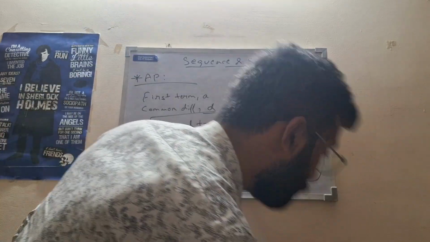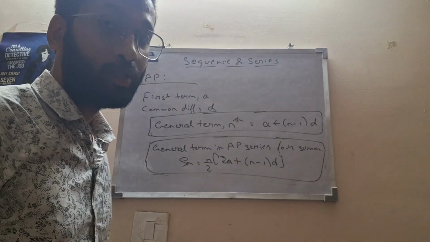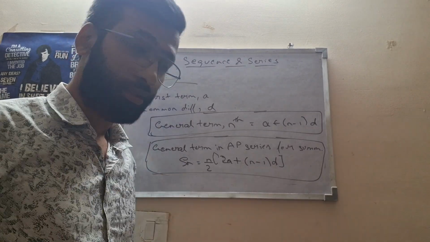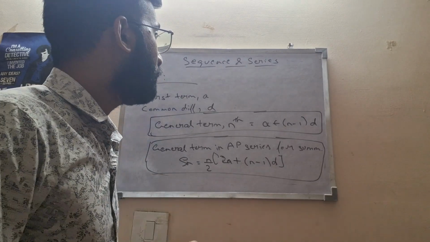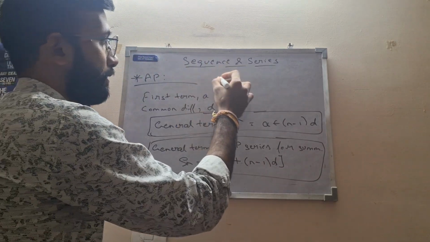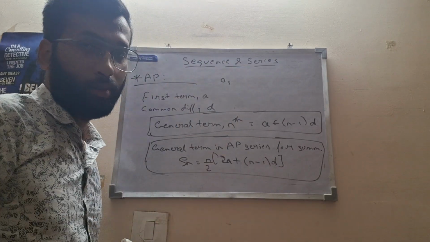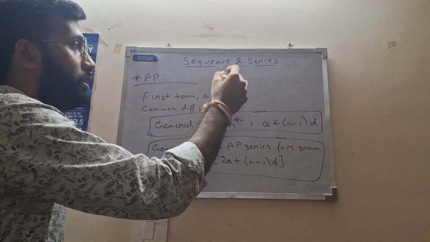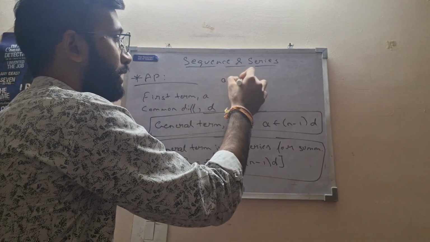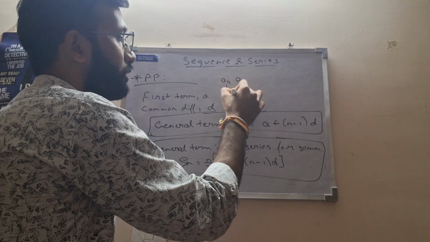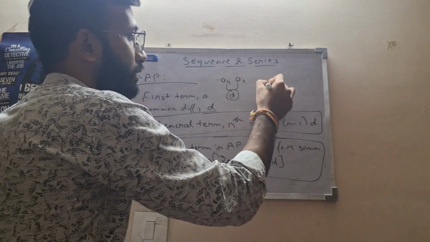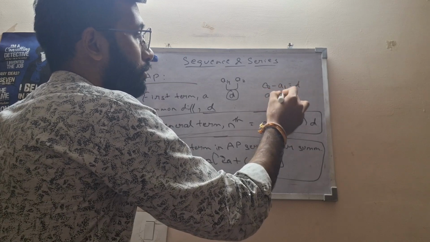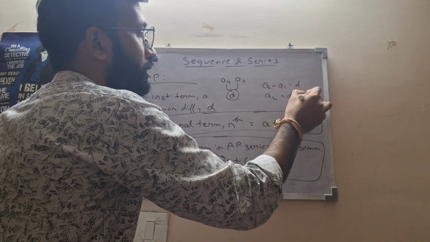I'll give you some more concepts, like if we have to consider, suppose, three terms of an AP. So how can you consider it? Like I have a first term A, and what will be the second term? As we know, the two numbers, that is A1 and A2, have a common difference of D. Then A2 minus A1 must be equal to D. Then A2 must be equal to D plus A1.